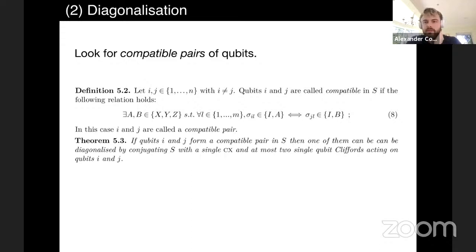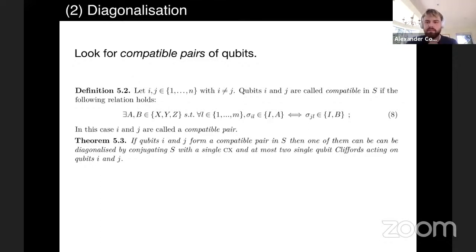So the way that we go about doing this is through what's called compatible pairs of qubits, which we define in our paper. So I don't want to get too much into the weeds of this particular definition and theorem. I'd rather show you how it works.